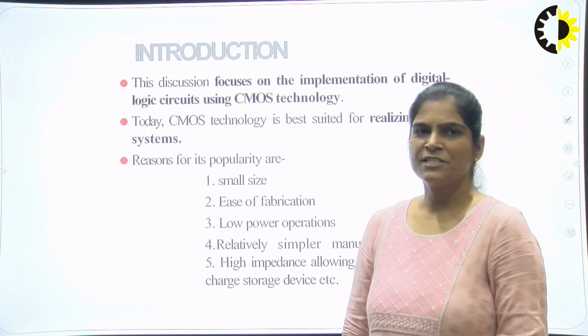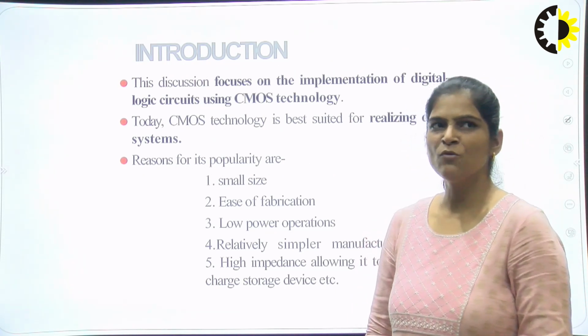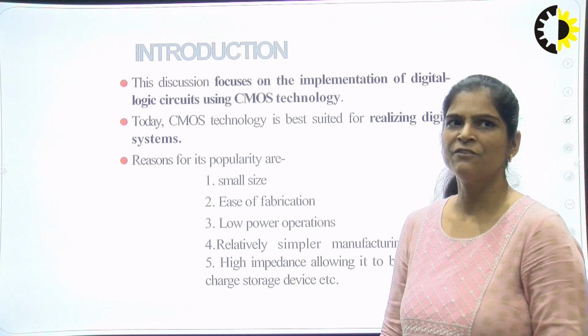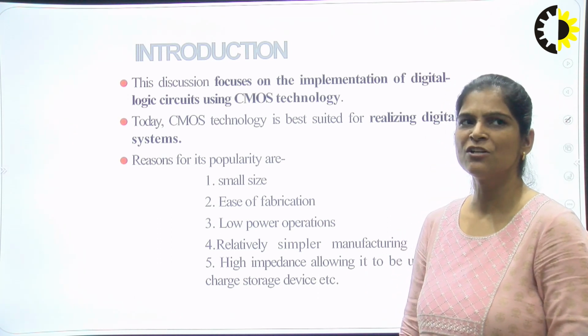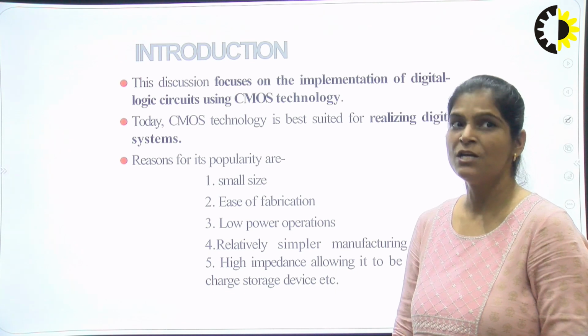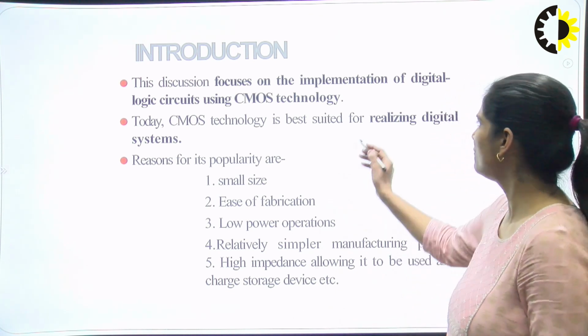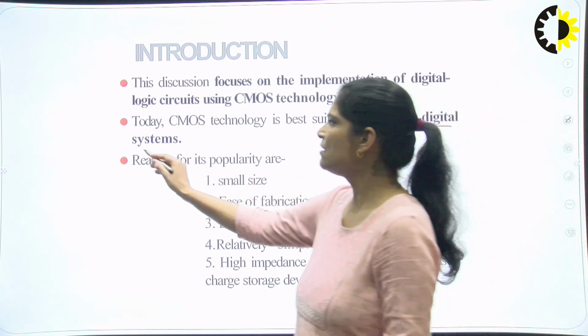First, what do we mean by CMOS? In this discussion, we will focus on the implementation of digital logic circuits using CMOS technology. CMOS technology is best suited for the realization of digital systems.